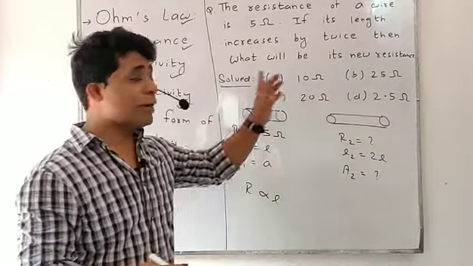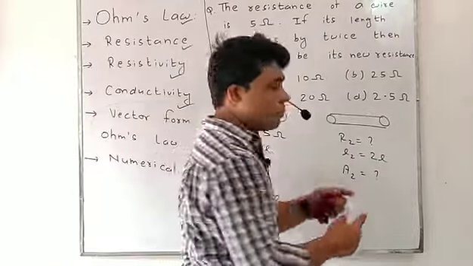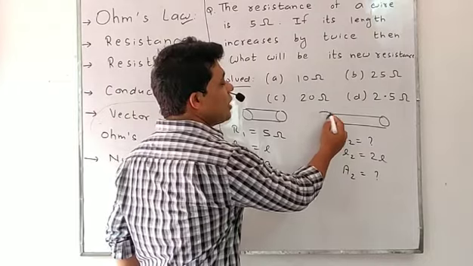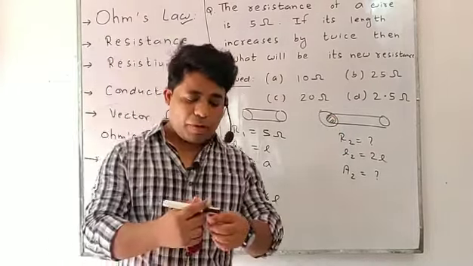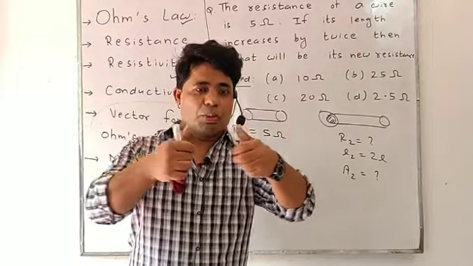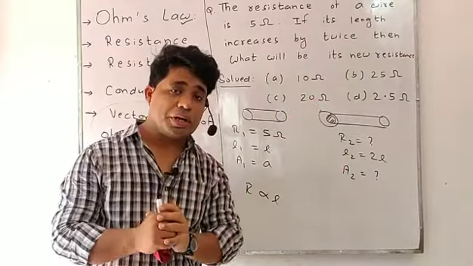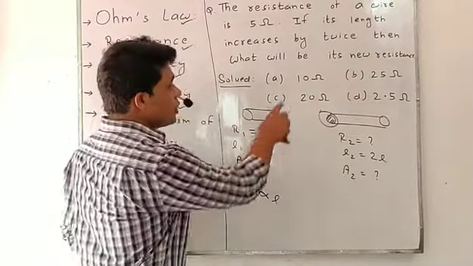But that is not the correct option. Why? Because when the length increases, at the same time the area of cross section decreases. Whenever we stretch a wire, its length increases but its area of cross section decreases. It becomes thin. That's why this will not work.